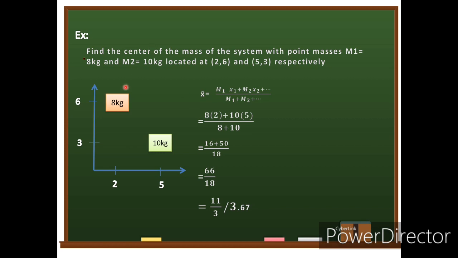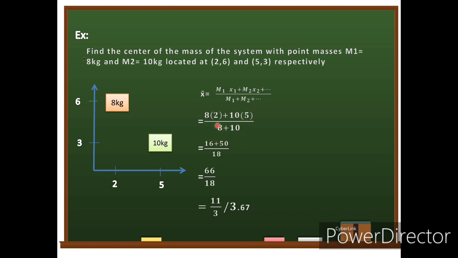So our x-axis: x bar is equal to m1 times x1 plus m2 times x2, plus more if we have more than two objects, over m1 plus m2. So m1, which is 8, times x1, which is 2, plus m2, 10, times x2, which is 5, over m1 plus m2, which is 8 plus 10.